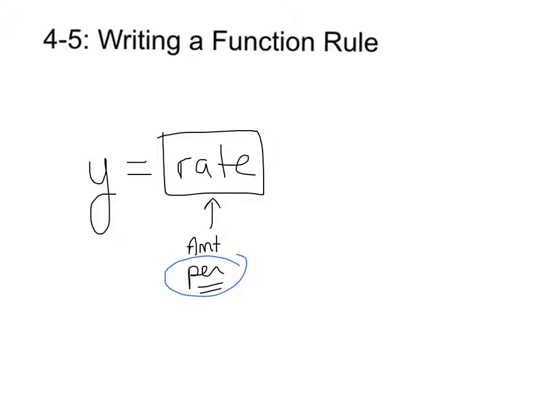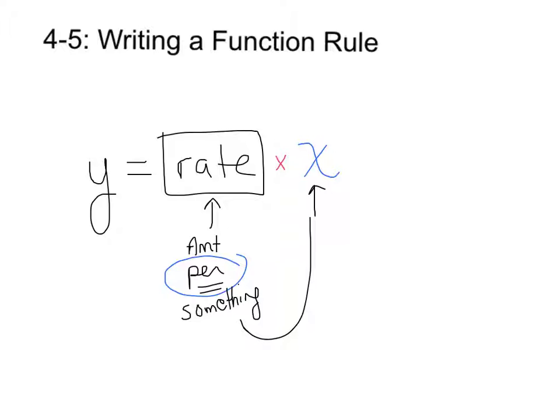Or it gives you some sort of rate, like the number of something in a certain amount of time, okay? Times the x value, the independent variable. A lot of times the amount per something, the something becomes, in a sense, the x value.